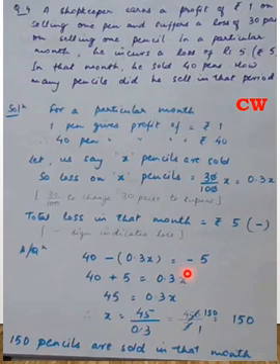So minus 5 will come on the opposite side. It will be 40 plus 5 is equal to minus 0.3x will go on the opposite side. It will become a plus 0.3x. 40 plus 5 is 45. 45 is equal to 0.3x. Therefore, x will be 45 divided by 0.3, which on solving will give you 150. So 150 pencils are sold in that month.